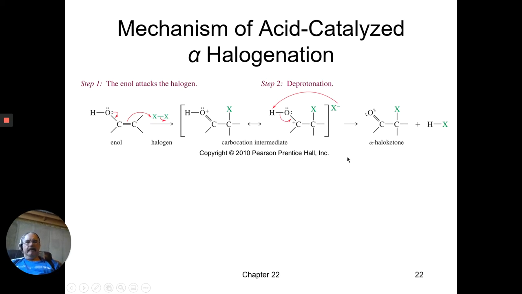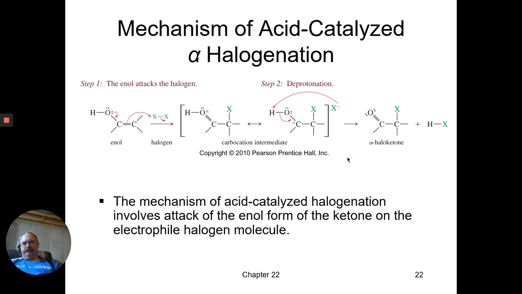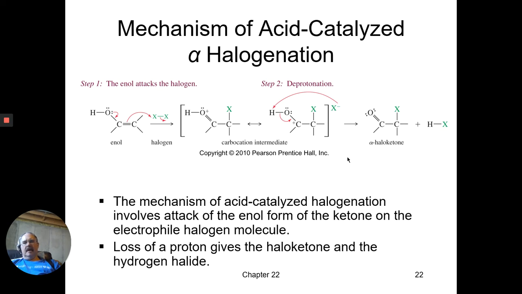So we get our alpha haloketone. So the mechanism of acid catalyzed halogenation involves attack of the enol form of the ketone on the electrophilic halogen molecule. And loss of a proton gives the haloketone and the hydrogen halide.